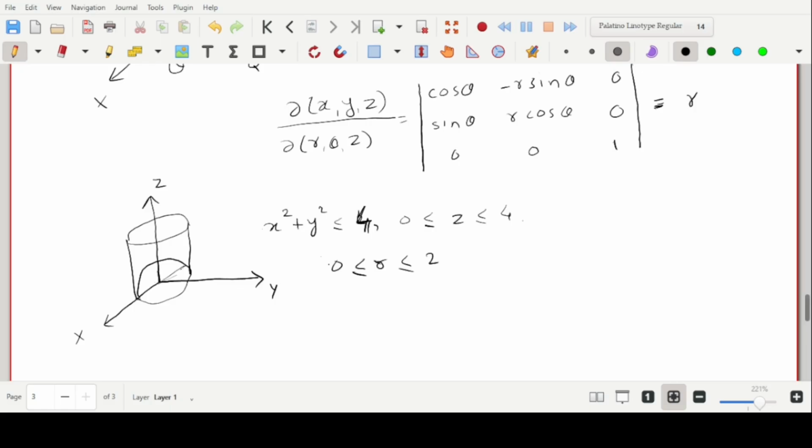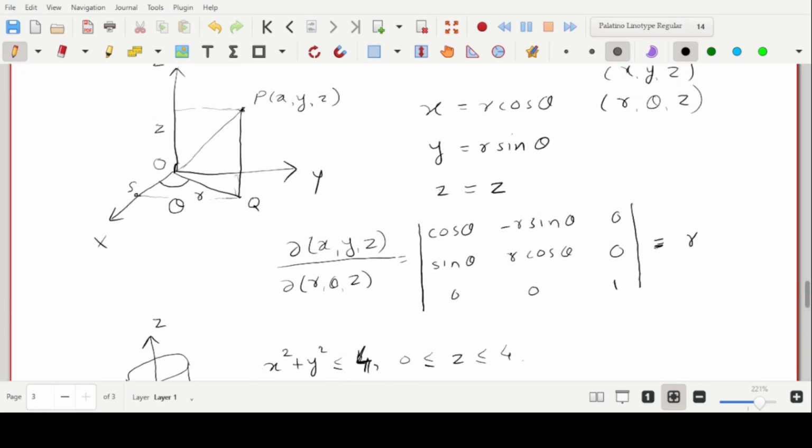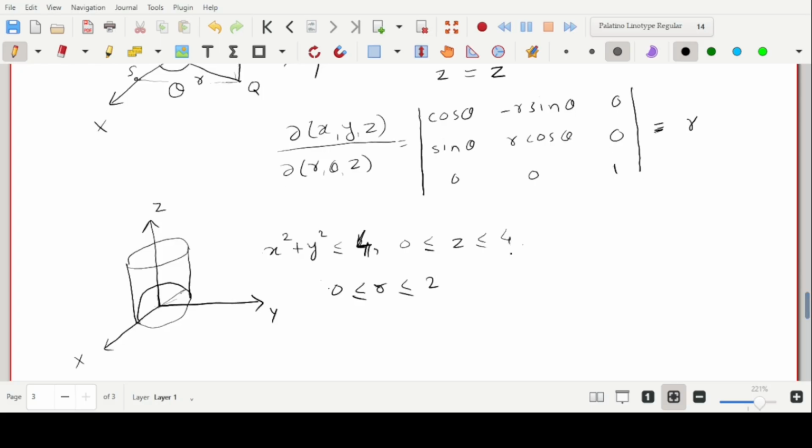This is OQ, which is r, and in this cylinder, if we drop a perpendicular, then it lies inside this disk of radius 2, and therefore r varies from 0 to 2.